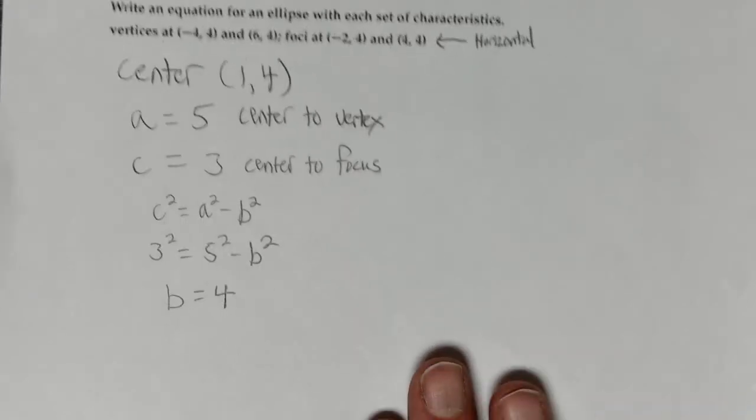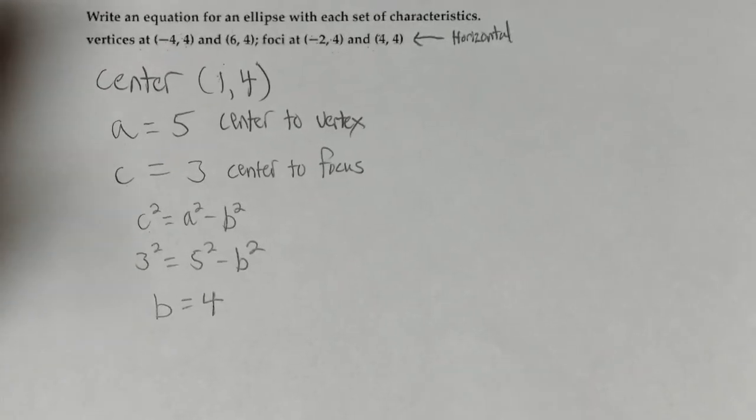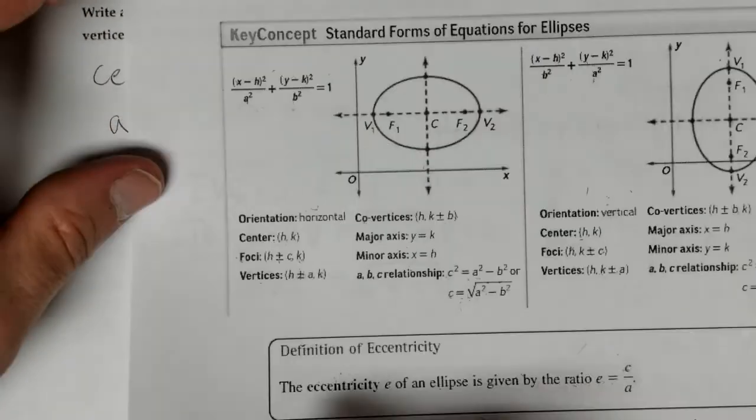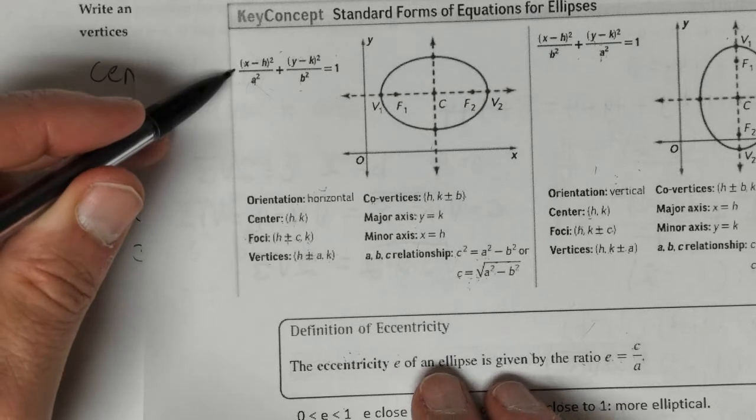So now I've got everything to go in and write the equation for the ellipse. I have my center, my A, and my B. Remember, we already determined that it was horizontal, so I'm going to use this form. And when I go to write it in, it'll look like this.